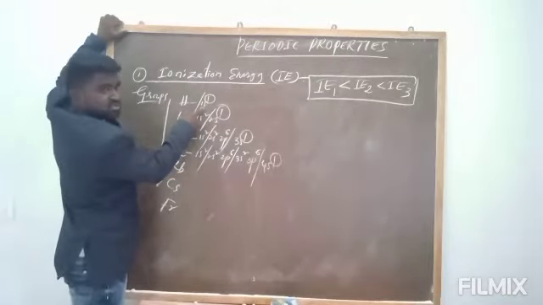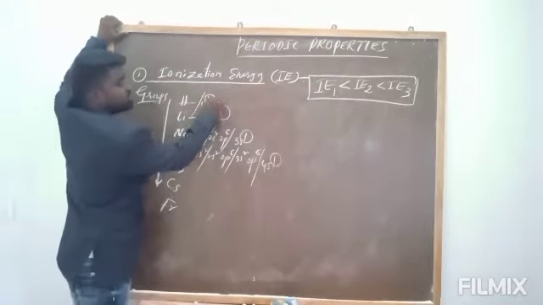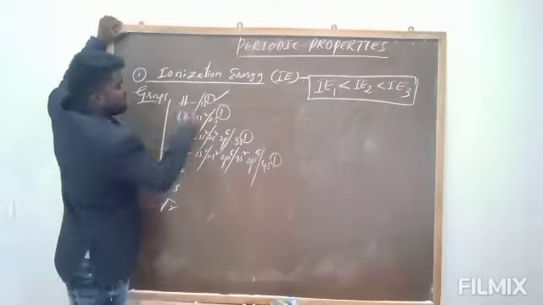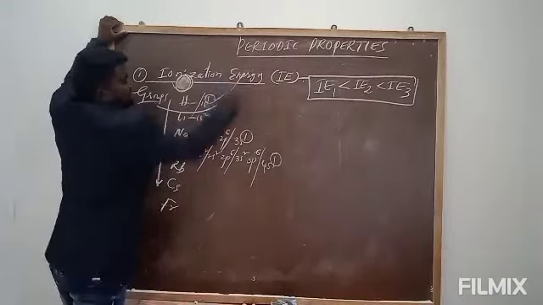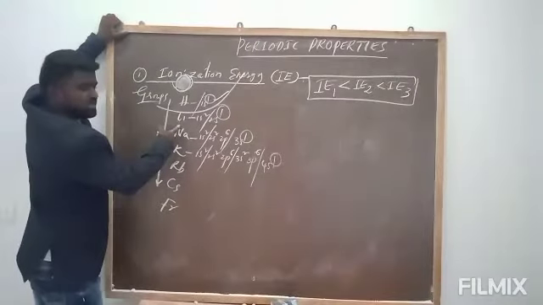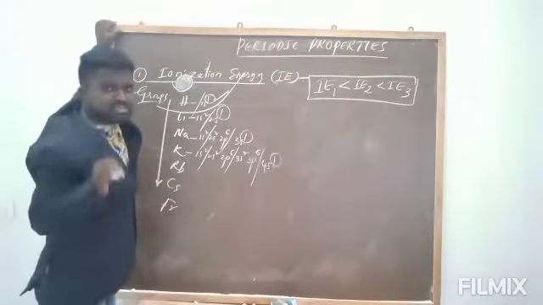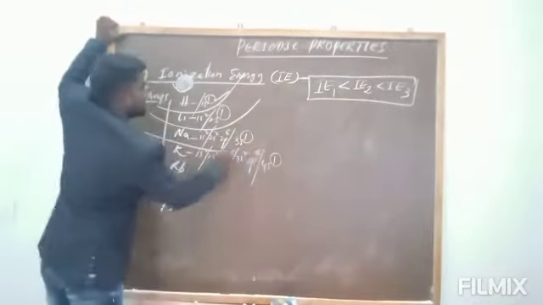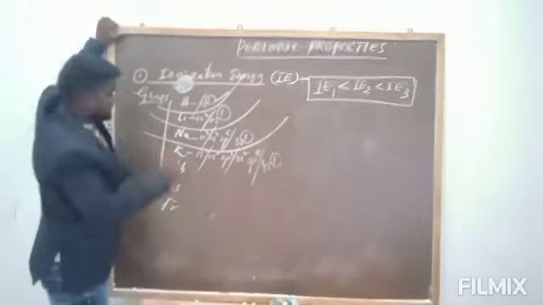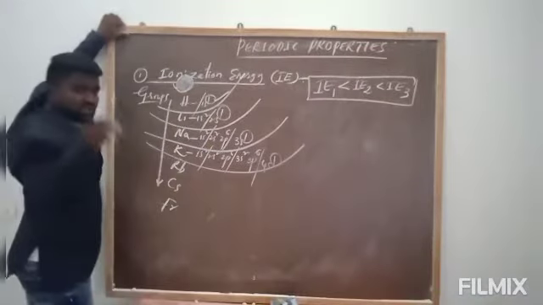Removing hydrogen's valence electron is somewhat hard because it is near to the nucleus. Next, lithium is far away from the nucleus, attraction decreases, so here somewhat easy. In sodium, very easy. In potassium, dead easy.